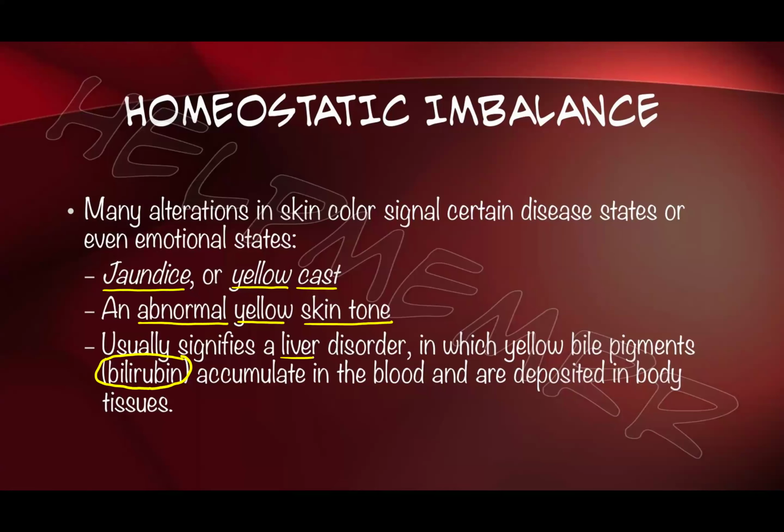When the liver is not working properly and you can't filter out the bilirubin as needed, it starts going into the bloodstream and staying in the bloodstream. When it goes around to the areas of your body, you get this yellow color, and that's jaundice.